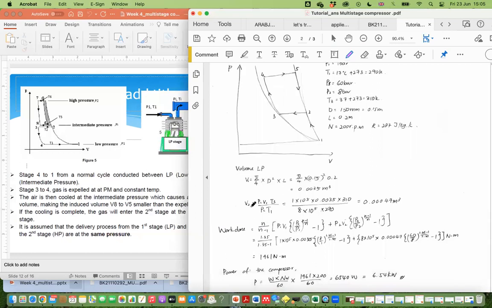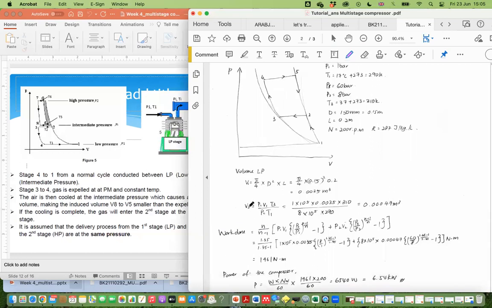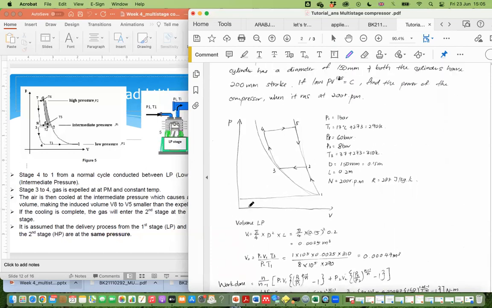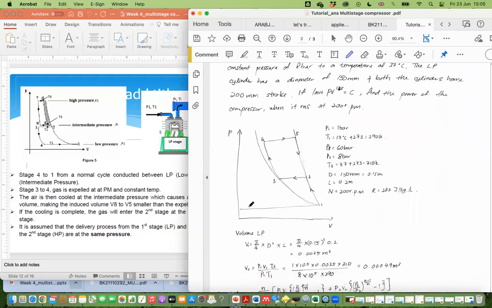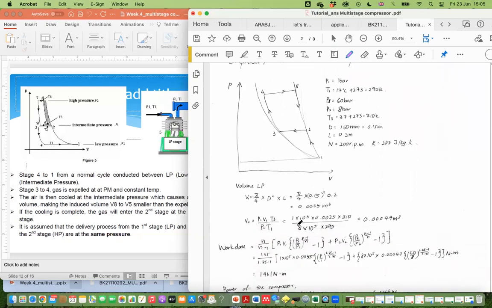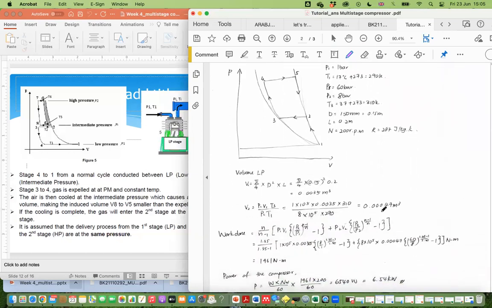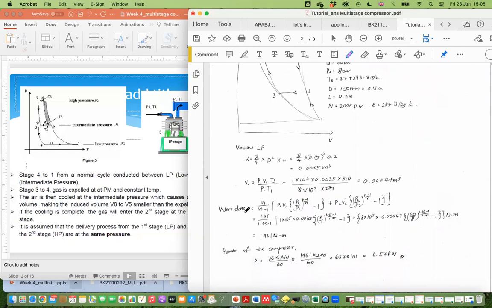Then we can use P1 V1 over T1 equals P2 V2 over T2, plug in all the information, and you get your V2. And then for the work done, because this is two-stage, we plug in the available information and we can get our work done.